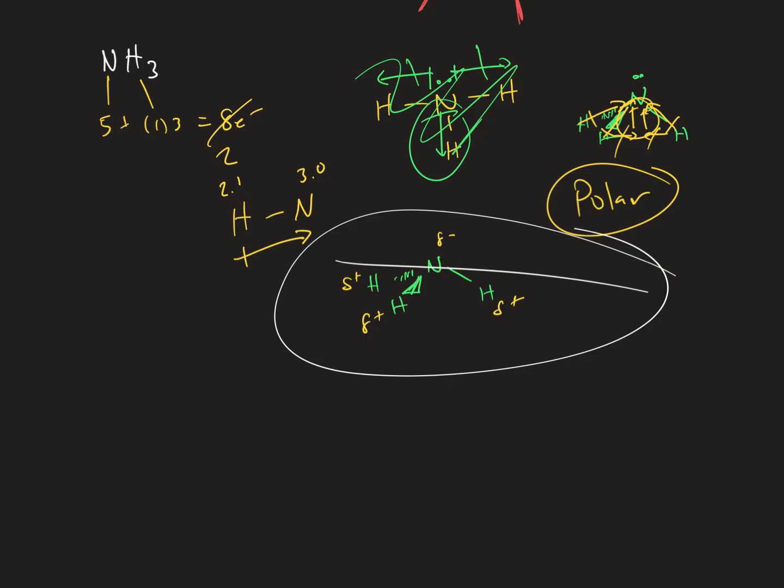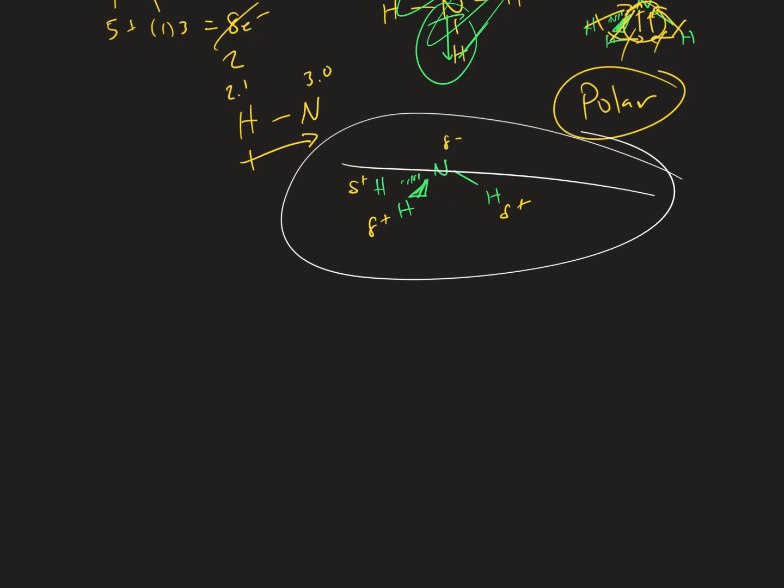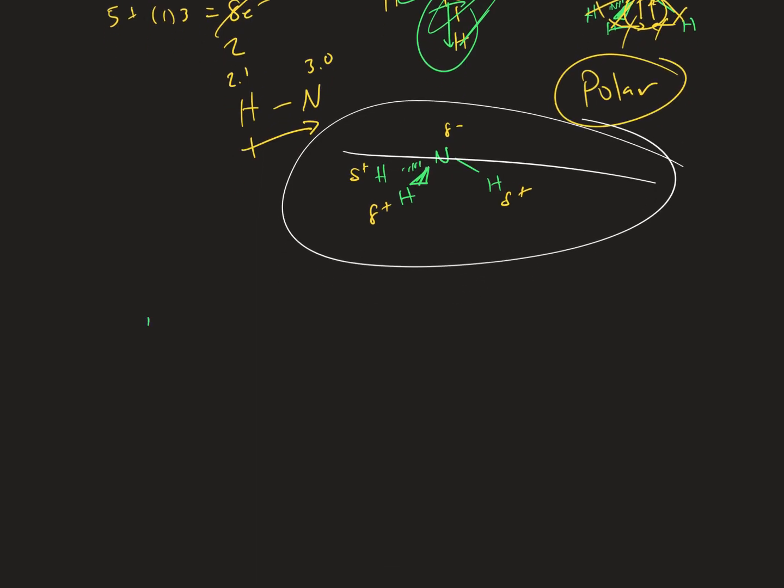Should we do an example? CCl4. If we draw this, here's the Lewis structure, and here is the molecular geometry.